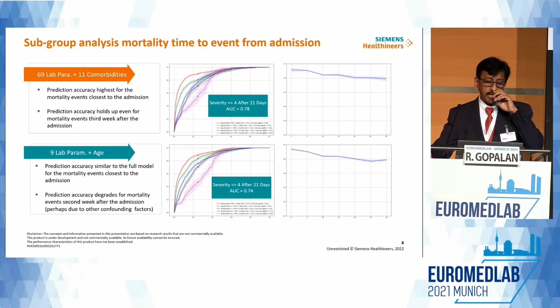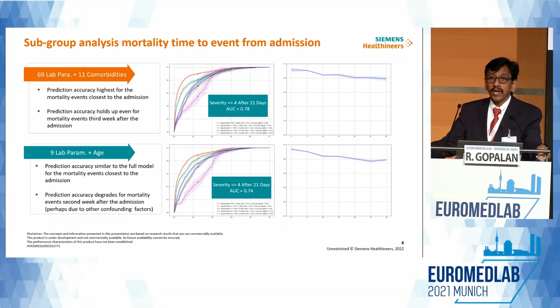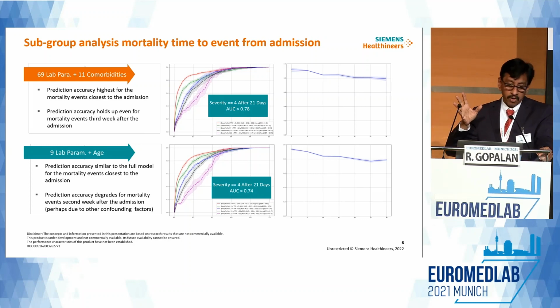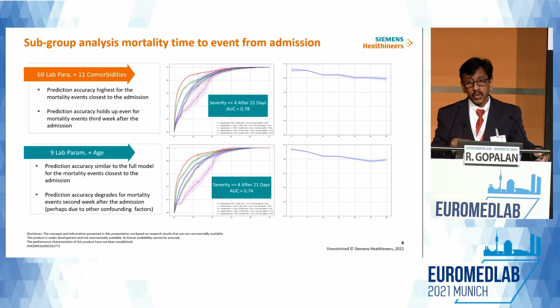So this is actually an AUC curve for each one of these. You see actually 5 lines for each of the curves. The top one, where we used all the 69 parameters and 11 comorbidities, we were able to get an AUC of 0.78. And then we scaled it down to about 9 lab parameters, which I'm going to show you in the next slides.